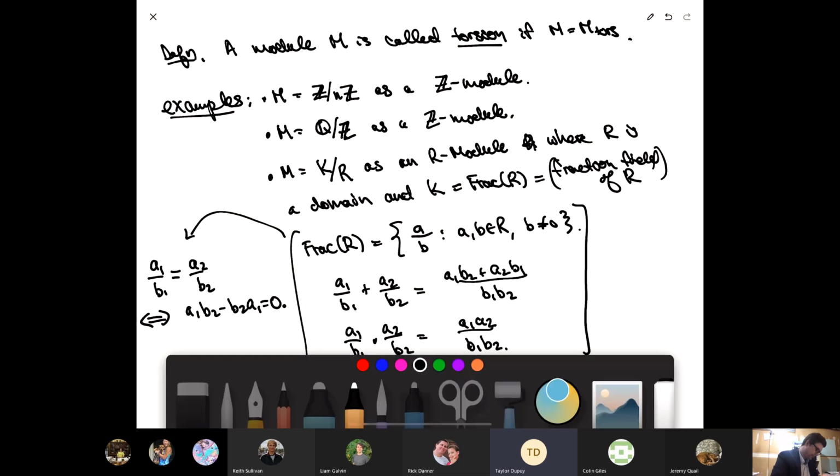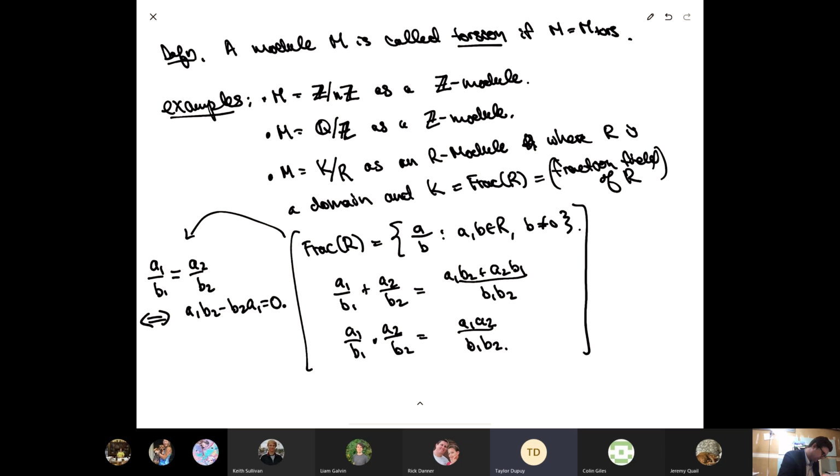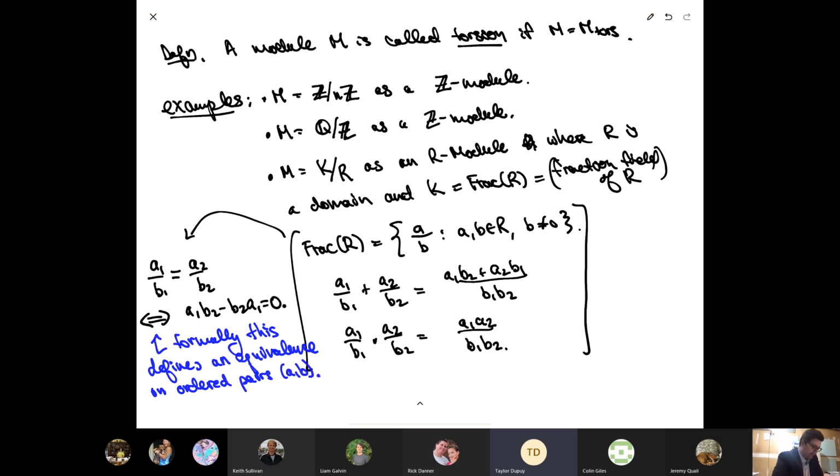So let me write that down. Formally, this defines an equivalence relation on ordered pairs (a, b). Then you take all the equivalence classes under this equivalence relation, and you define an addition and multiplication like so.